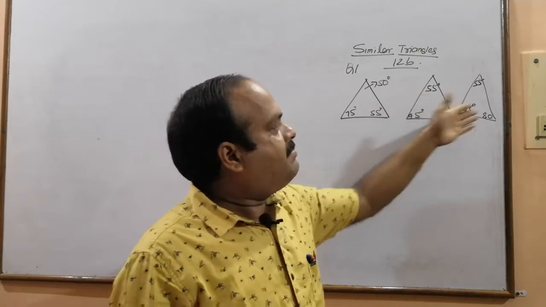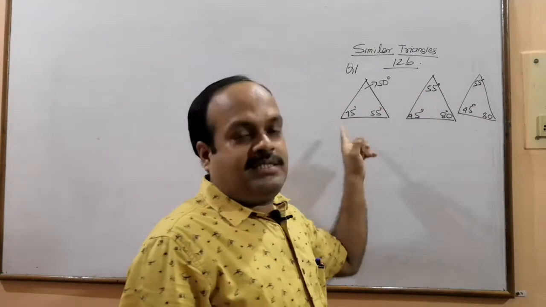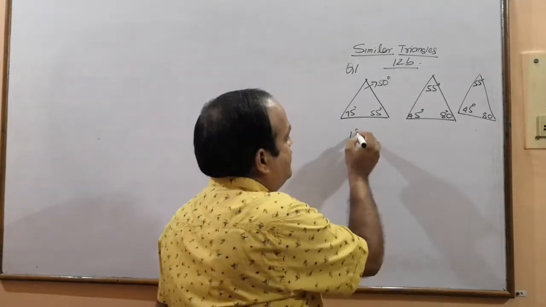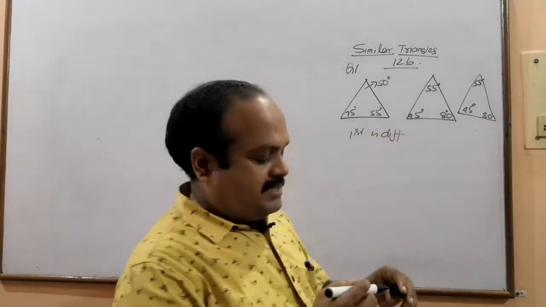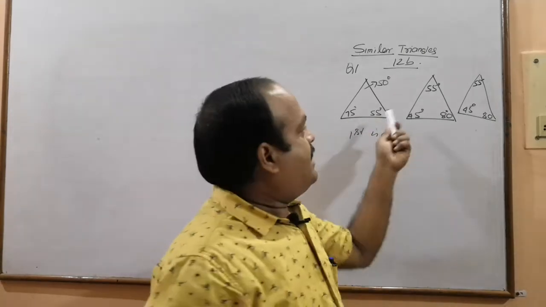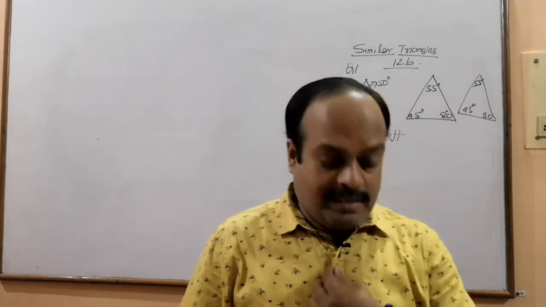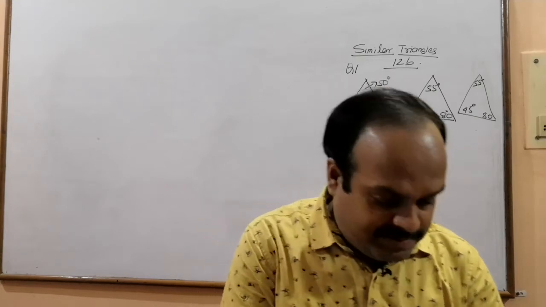Do we have 75 as any angle here? No. So this one is different. So we will write first one is different. I mean the last two are similar triangles. Keep it in mind, the last two are similar triangles. The first one is different.